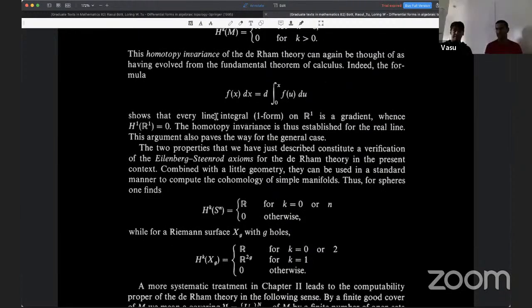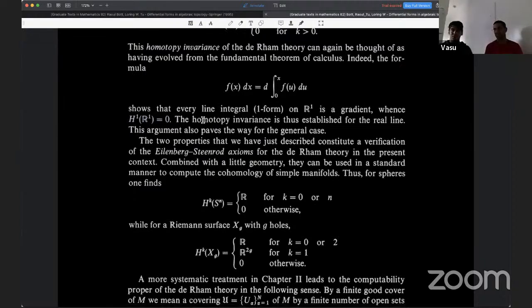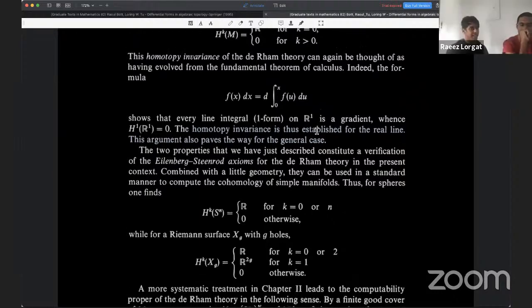So every line integral on R^1 is in fact a gradient. That tells you that the first cohomology group of R^1 is zero, because if every line integral is already a gradient, then they're all trivial. Exactly. So now we have homotopy invariance established for the real line, and it in fact works that way in general, for arbitrary spaces.